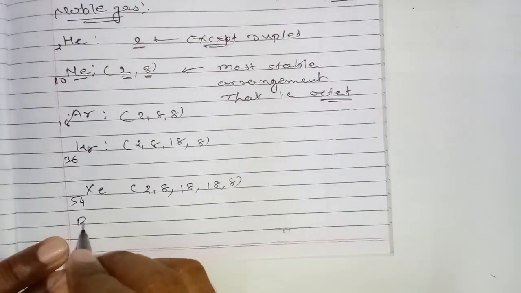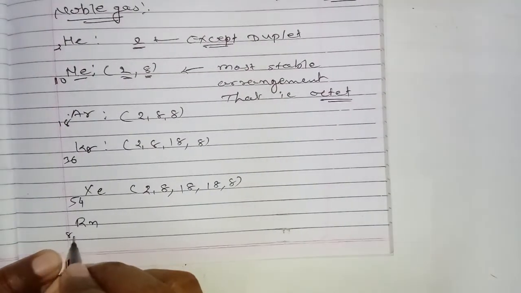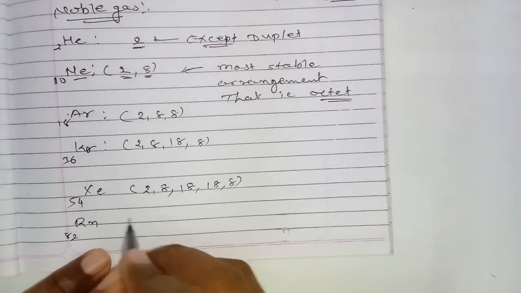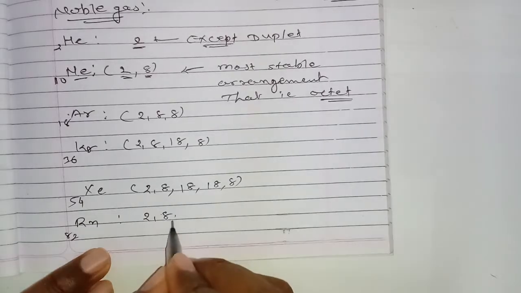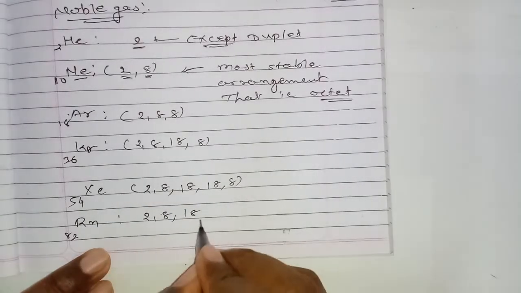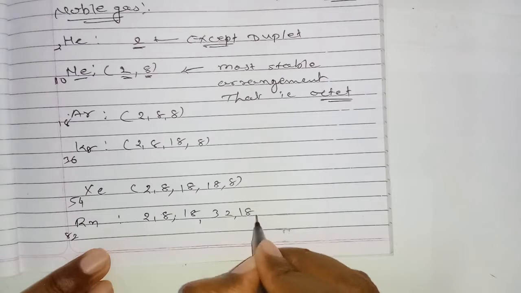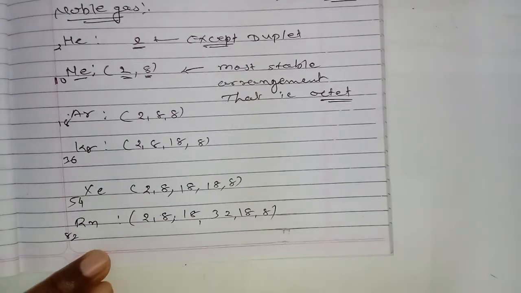Now for radon, 86, it's 2, 8, 18, 32, 18 and 8.